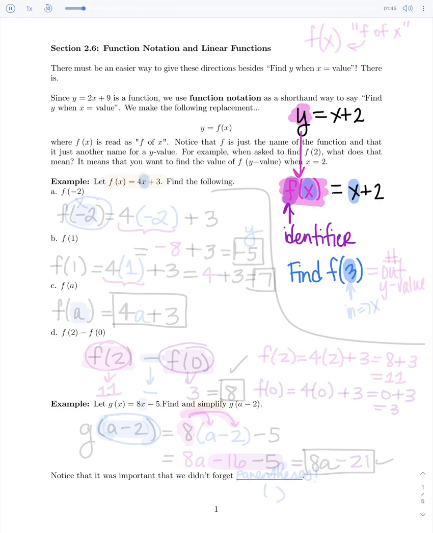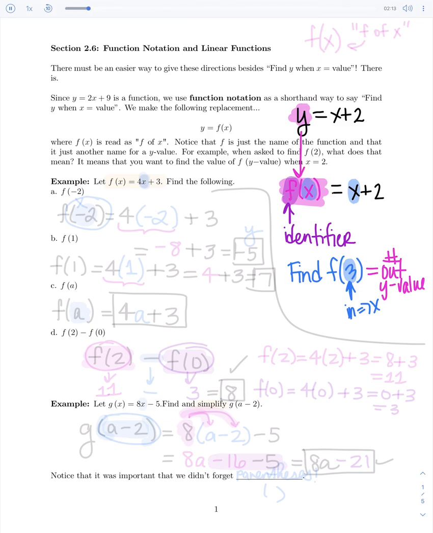It's a quick way to say whatever's inside here gets plugged in for x. Whatever comes out will be your y value. So you're plugging in an x and getting out a y, just like we've done before. It's just this new notation.